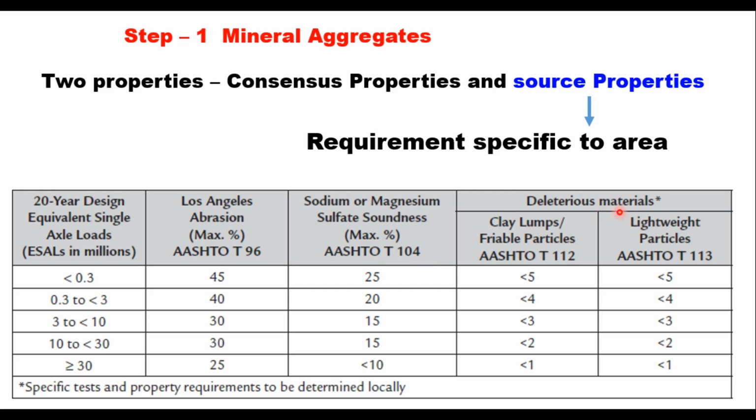Then deleterious materials, clay lumps, which are friable particles or lightweight clay particles. They should be less than these values depending upon the design traffic. So these are the tests to be conducted on aggregate before they are declared suitable for use in the hot mix.